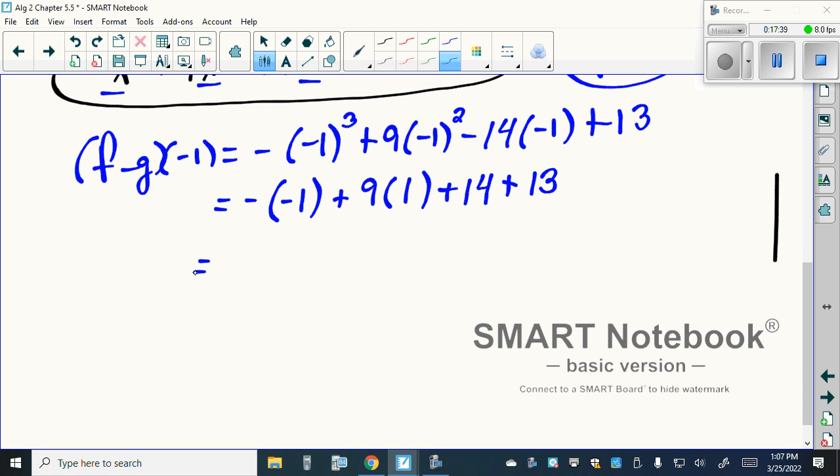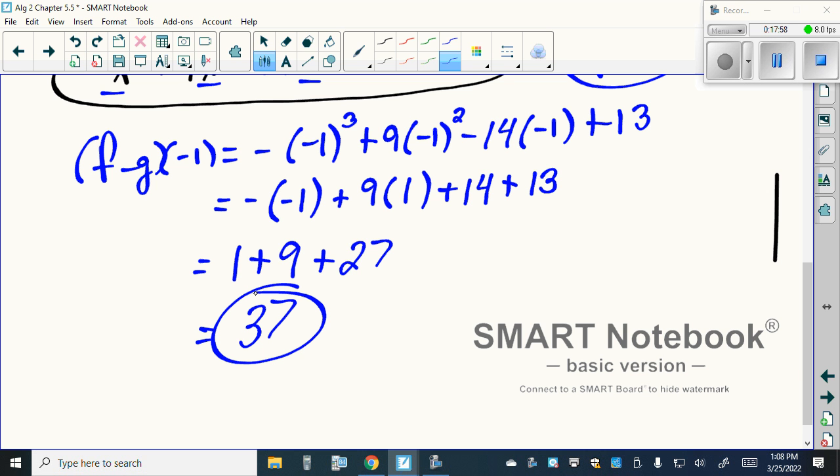So negative times negative 1 is going to be 1. 9 times 1 is 9. And 13 and 14 give us 27. Well, 9 plus 1 is 10, and 10 plus 27 is 37. And that's all we have to do for these here.